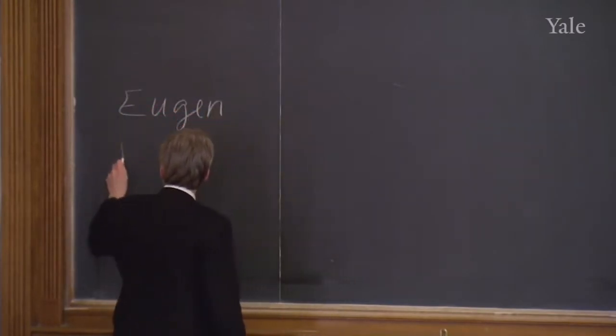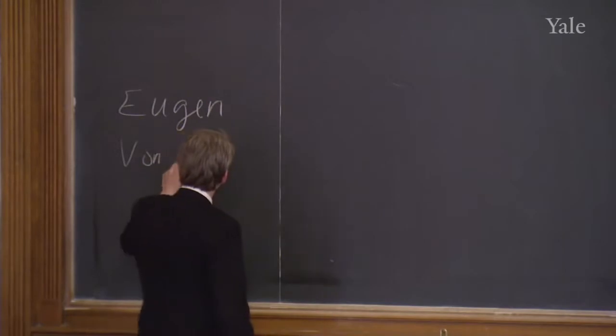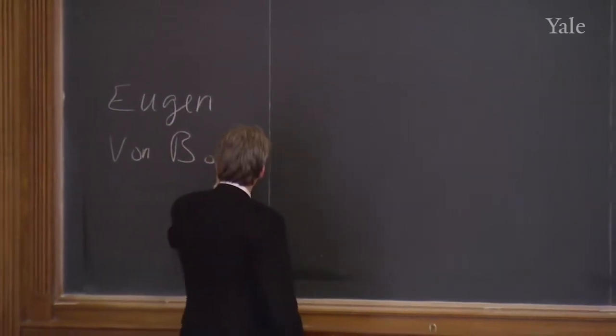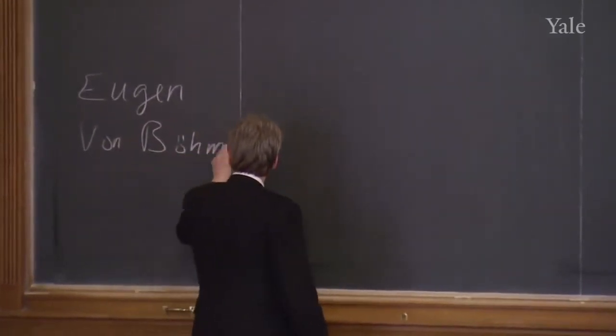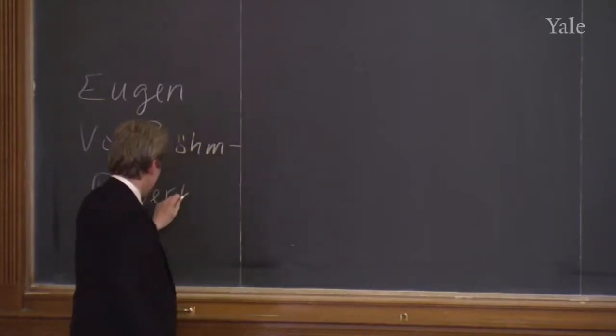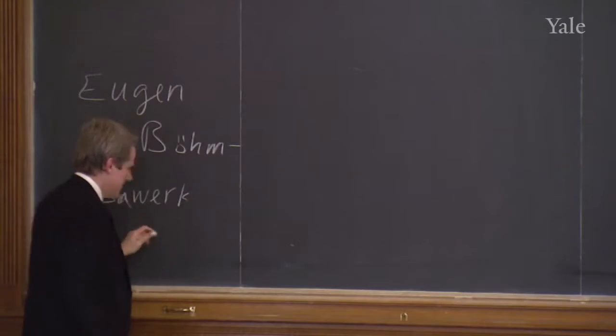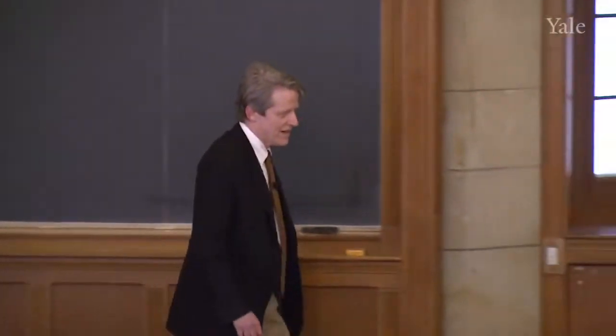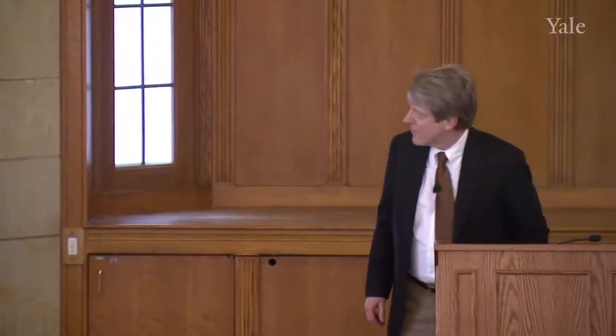an economist from the 19th century, Eugen von Boehm-Bawerk, who wrote a book on the theory of interest in the late 19th century. Actually, it was 1884.